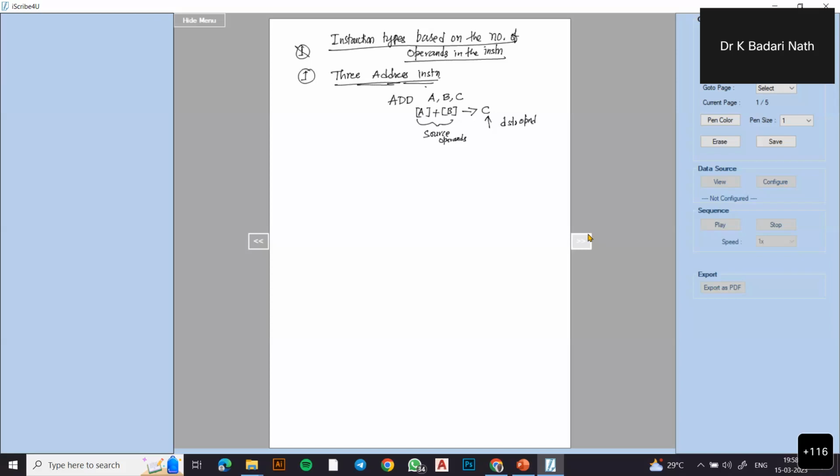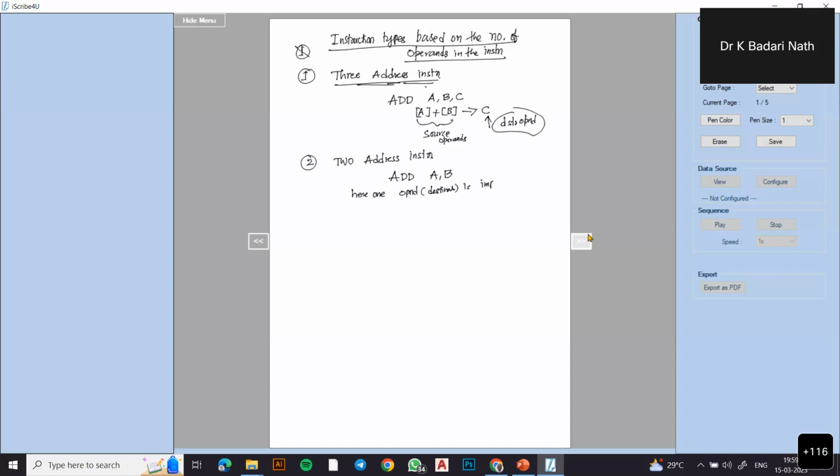Since it consumes more space, many processors have designed 2 address instructions. We will take an example for that. An example of a 2 address instruction is add A, B. In this case, one operand, which is the destination operand, is implied.